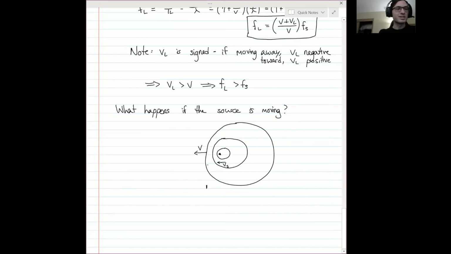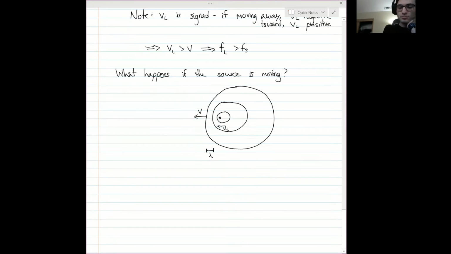The distance between each crest is lambda. That is just the difference between the crests relative to the air. So we can compute that. The distance between each crest, and I'll put a listener over here.